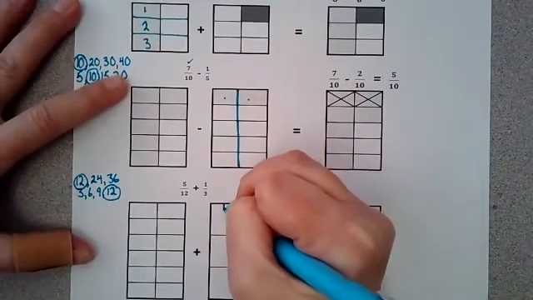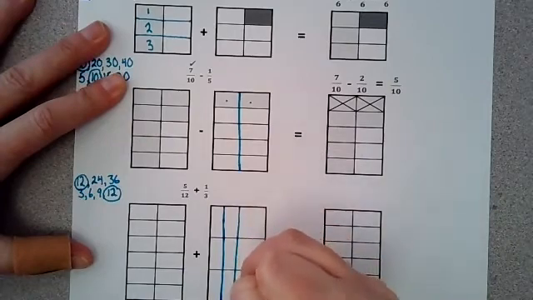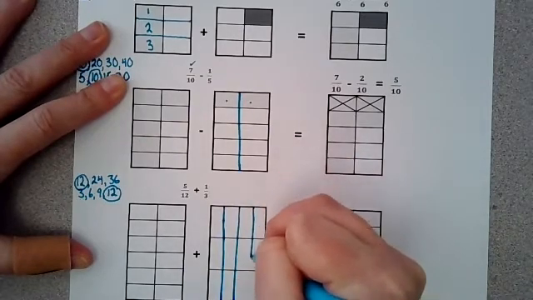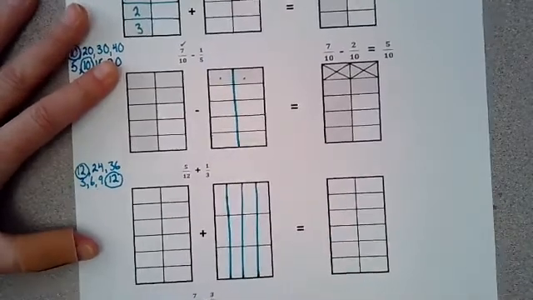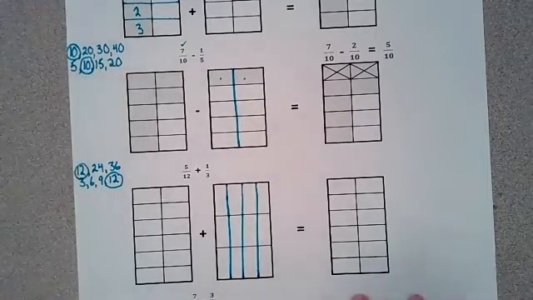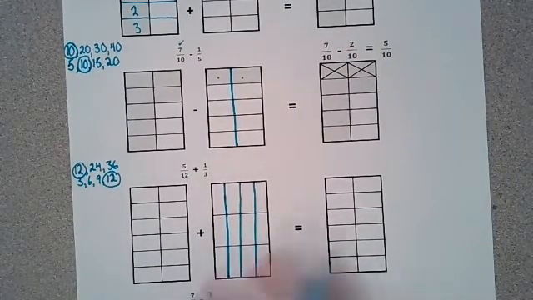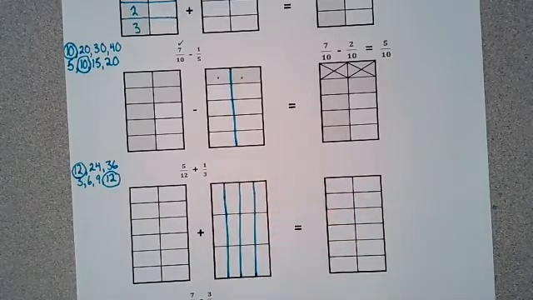So I'm going to draw 3 lines. 1, 2, 3. Okay? So now it is in 12 sections. But is that right? 1, 2, 3, 4, 1, 2, 3, 4, 1, 2, 3, 4. So now this is also in 12ths.